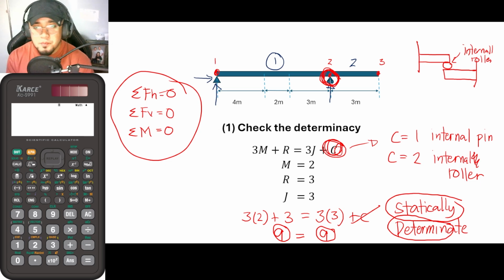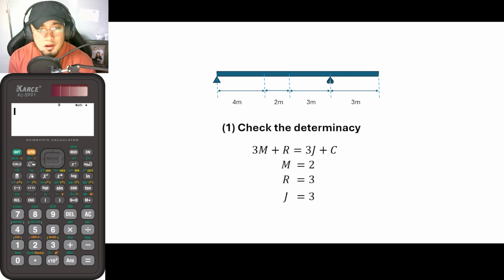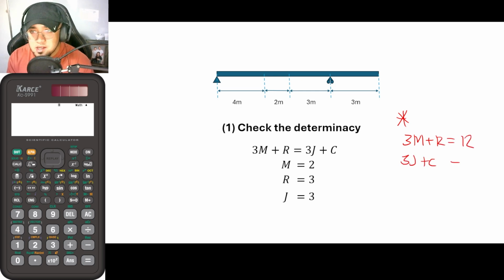So suppose that these are not equal. So in the situation we're in, 3m plus r is, let's say, not equal to 3j plus c. So let me just erase everything here. So once again, this is just an example. Suppose that 3m plus r is 12, and let's say that 3j plus c is equal to 9.